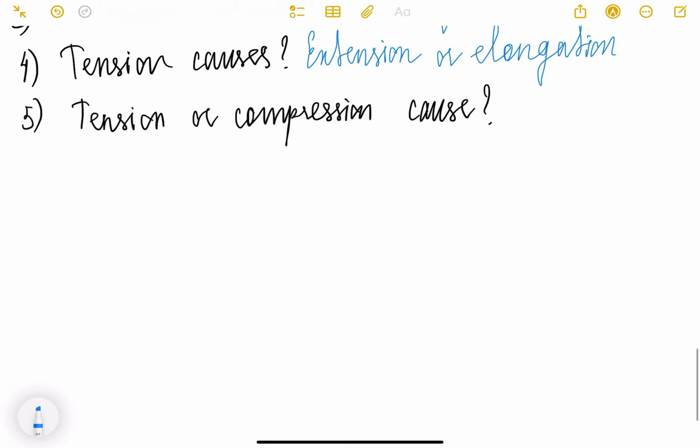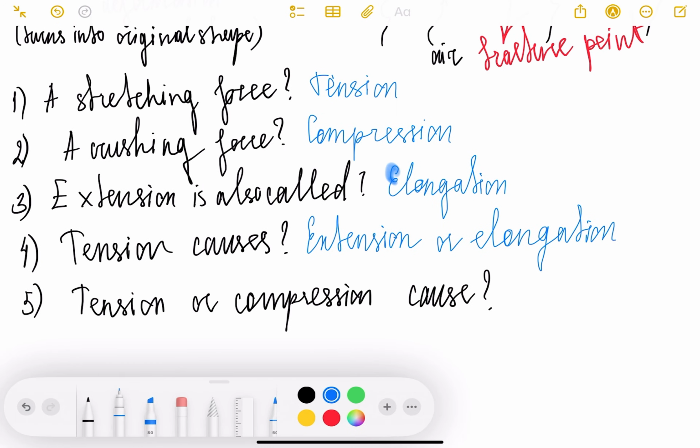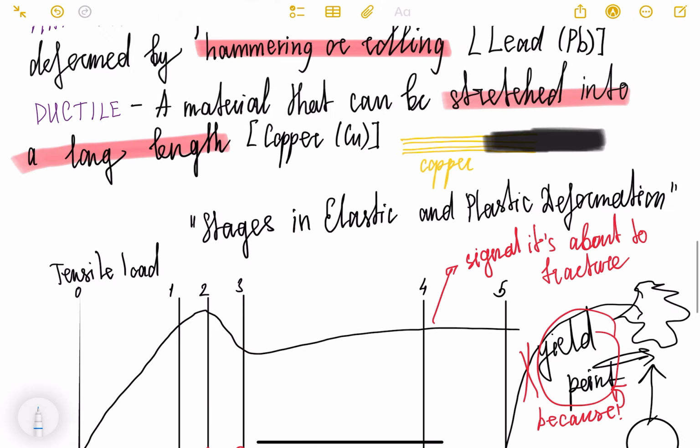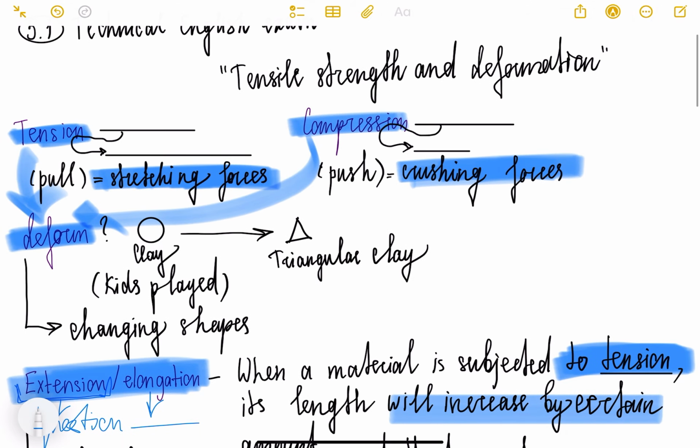So this is deformation. Like this short line turning into a longer line, deformation is happening here.